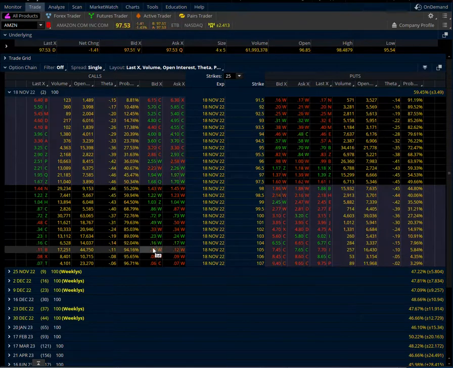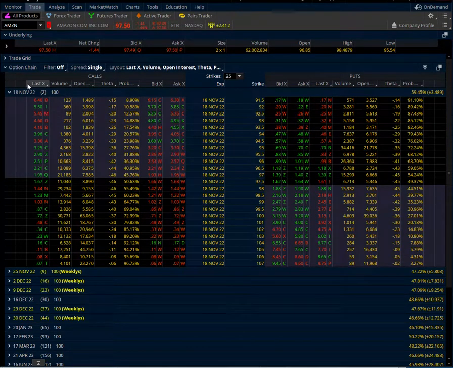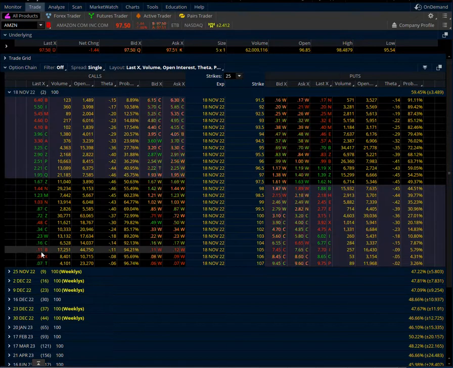That gives the option buyer the right to buy my shares for $105 between now and the close of business on November 18th. Now, these columns here actually all mean something. I like the last X. That's the last price traded. So in this case, the last price traded on this was 11 cents.